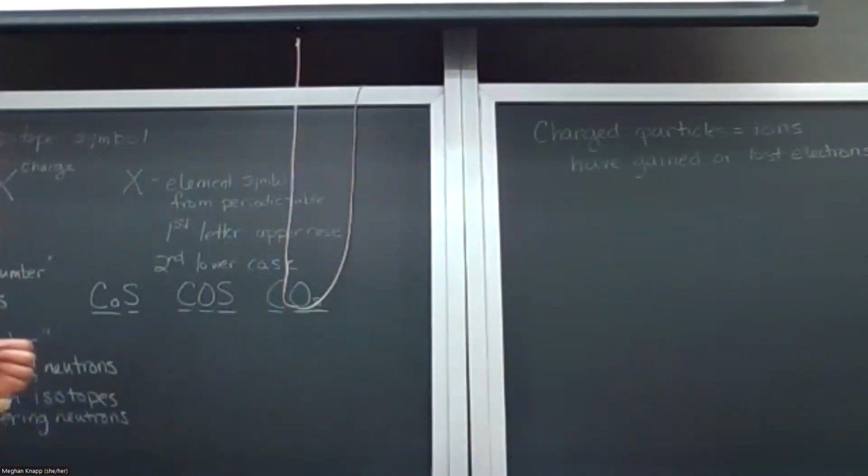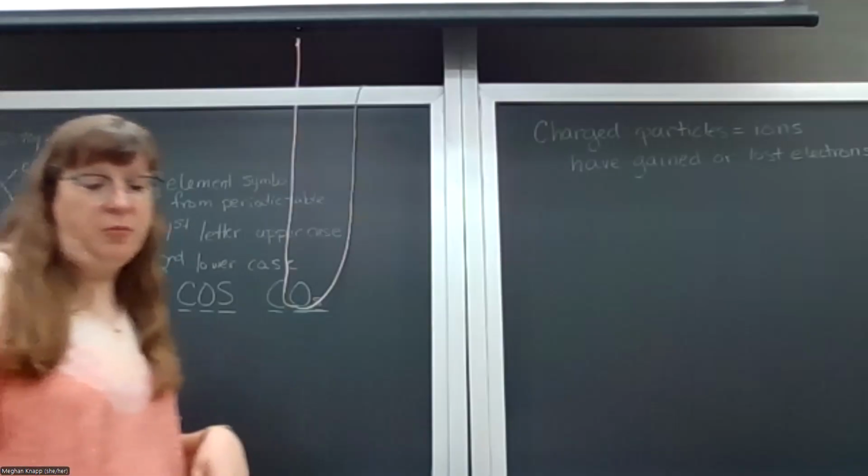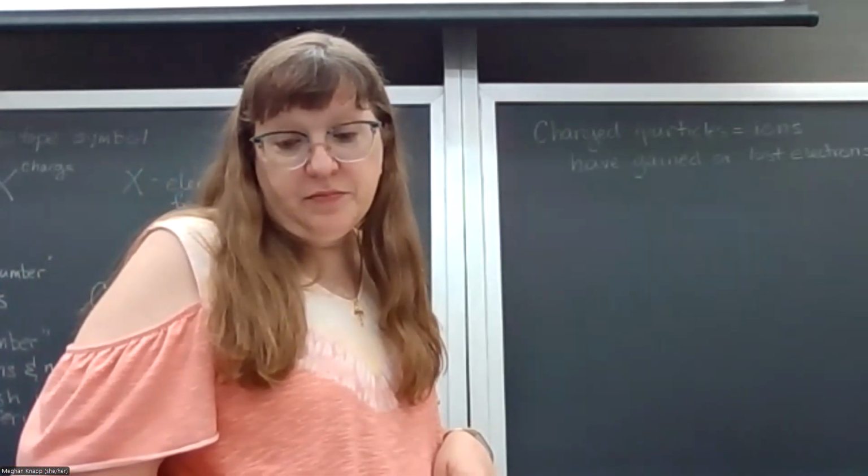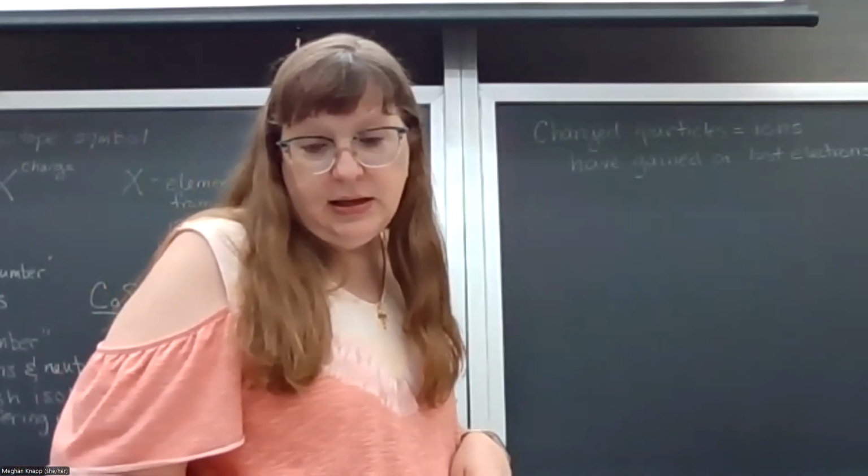So the atomic number, Z, on the periodic table tells us how many protons there are. If the atom is neutral, it tells us how many electrons there are. But if it's charged, we can figure out how many electrons there are from the charge, or if we know how many electrons, we can figure out what the charge would be. So let's see.